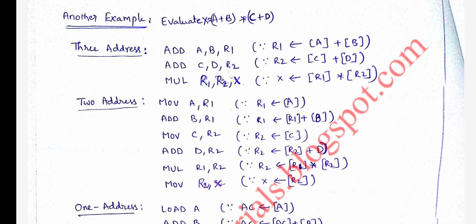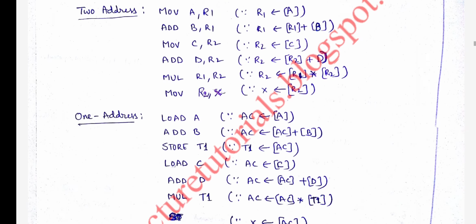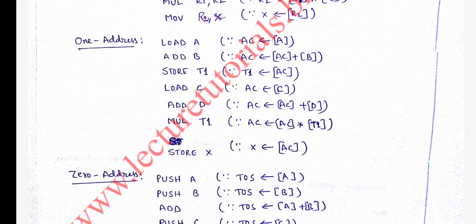Okay, this is the representation of X = (A + B) * (C + D) in two address instruction format. The same can be represented in one address instruction format. See, LOAD A. Here in one address instruction format we have to use a processor register which is called the accumulator, AC.